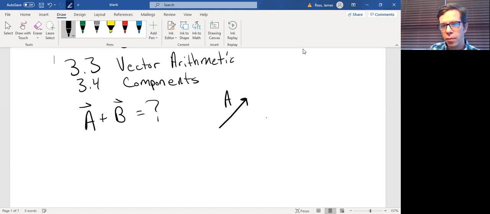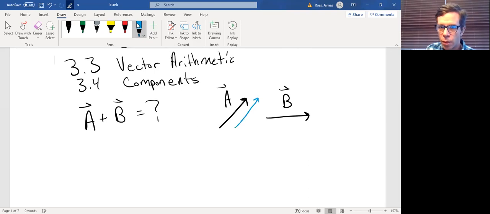So let's call this A and call this B. One thing to note about vectors is you can copy them and it's still the same vector, right? Just because this is in a different location, it still has the same length and same direction. B is to the right and this long. This is to the right and this long. That's just a copy of B.